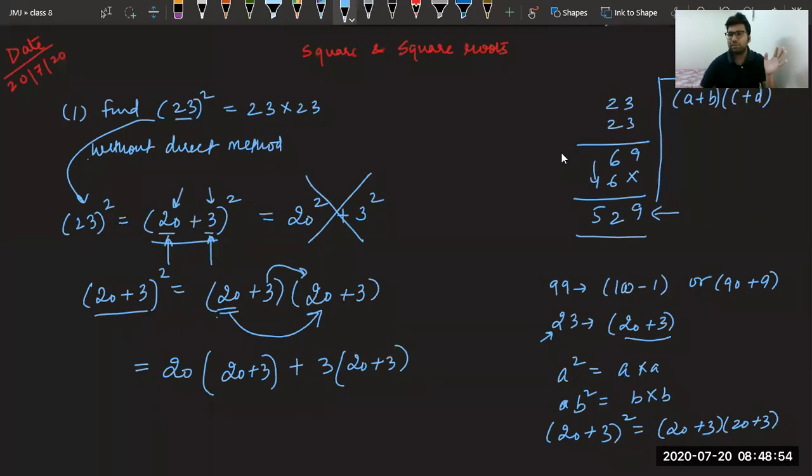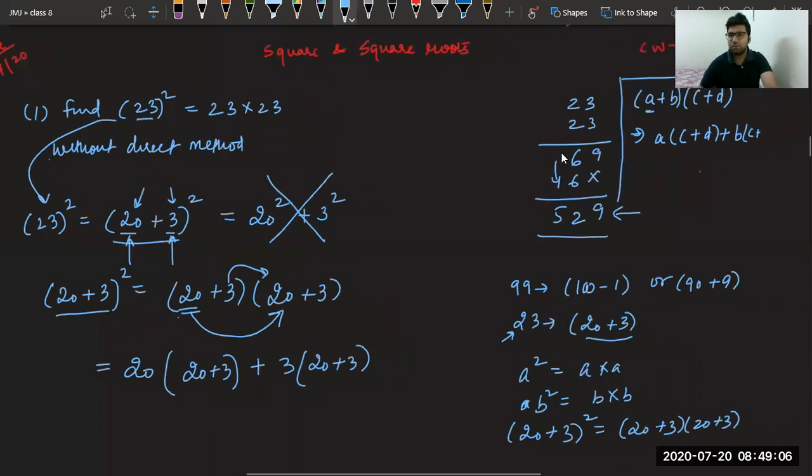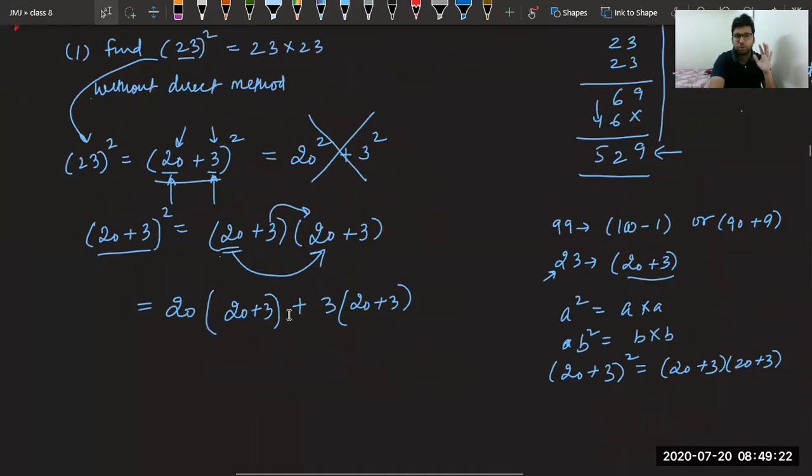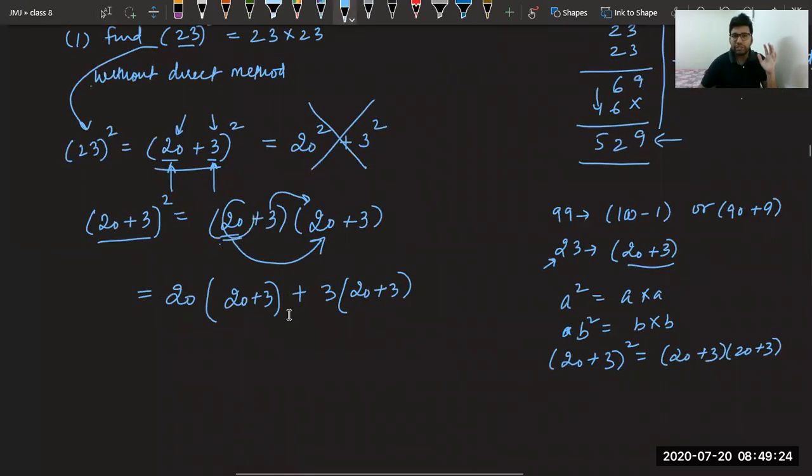We take A, multiply in the second bracket, plus B multiply in the second bracket, that is C plus D. This is known as distributive property, where we take the first number multiply with the second bracket, then the second number multiply with the second bracket. Here also the same thing.